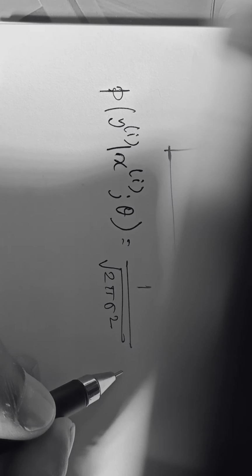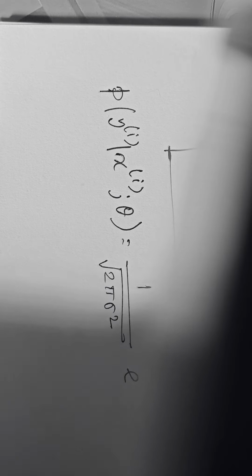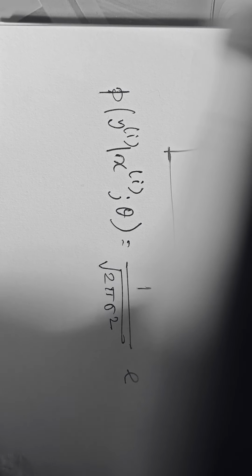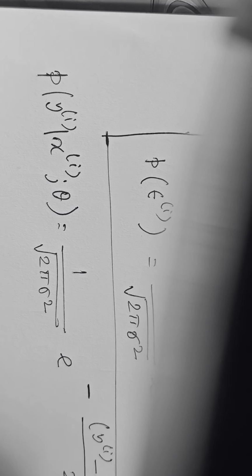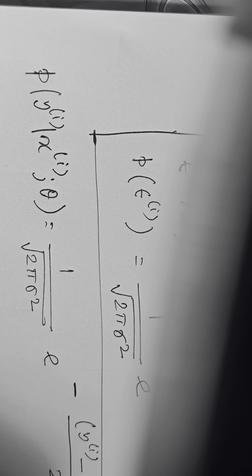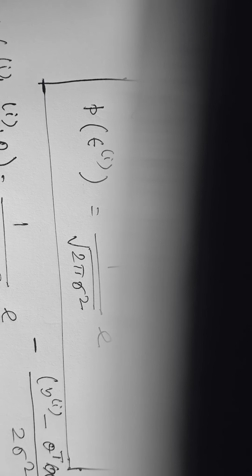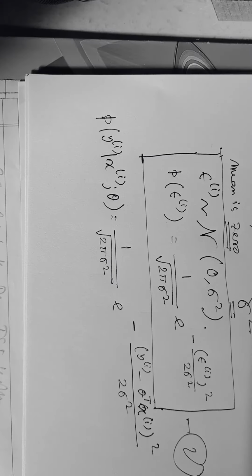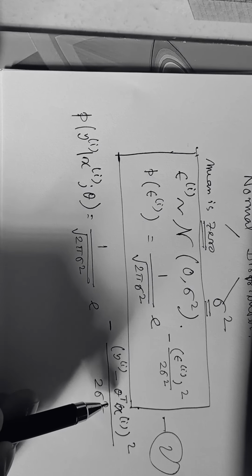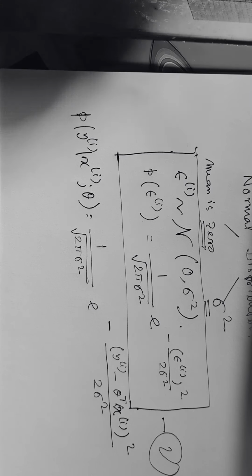That will be equal to 1 by root 2 pi sigma square e to the power minus, just replacing this value, y minus theta transpose x the whole square by 2 sigma square.